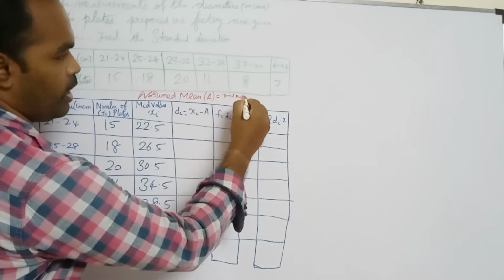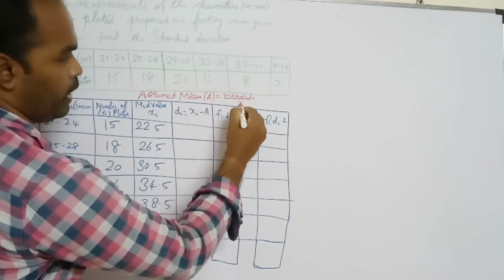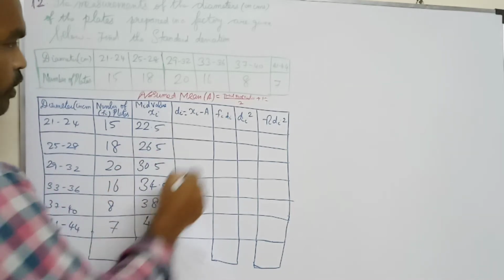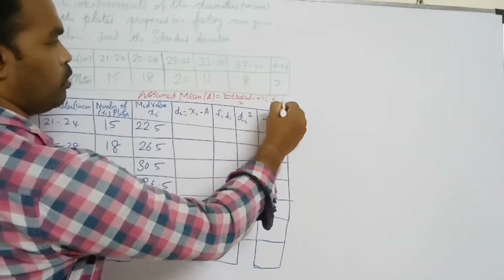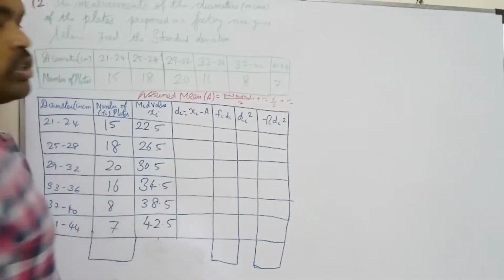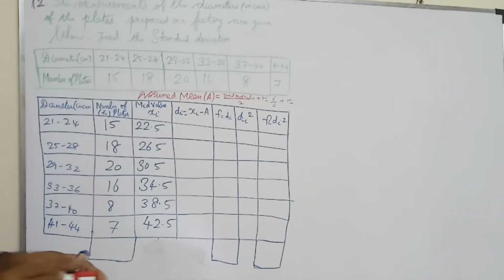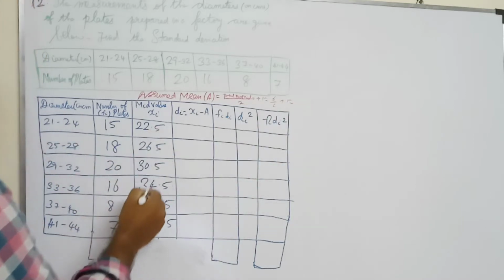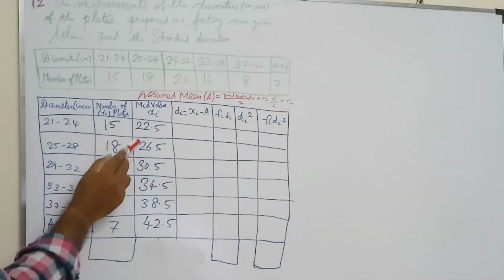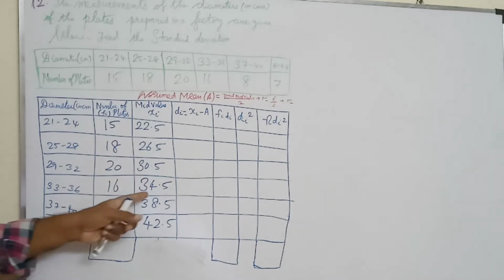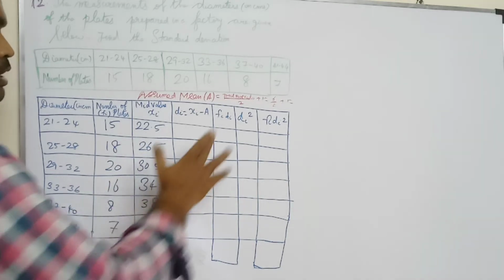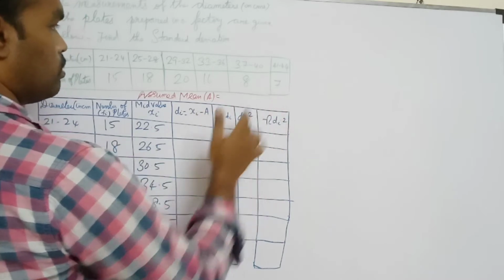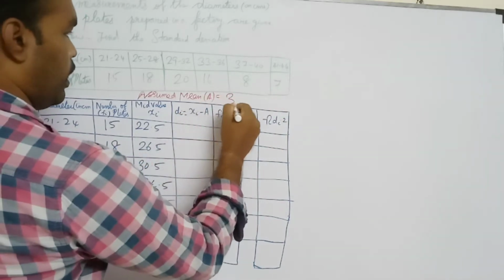Total number of values by 2 plus 1: 6 by 2 is 3, 3 plus 1 is 4. So the fourth value, 34.5, is the assumed mean.